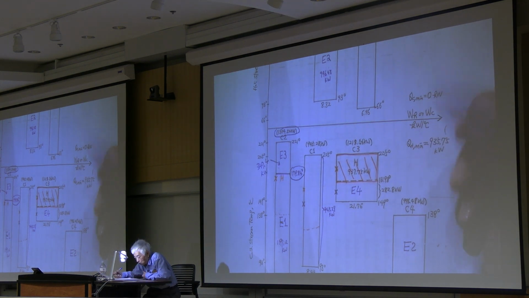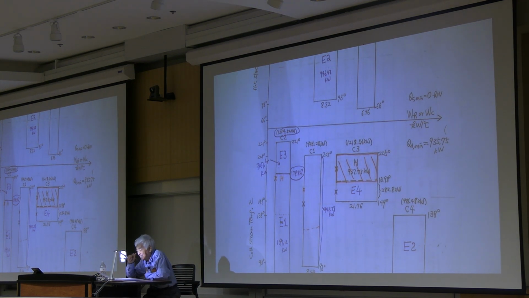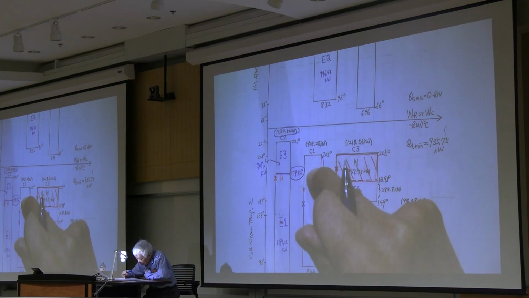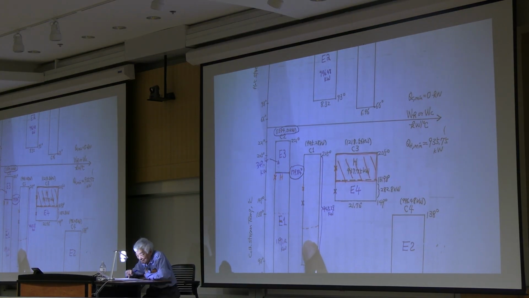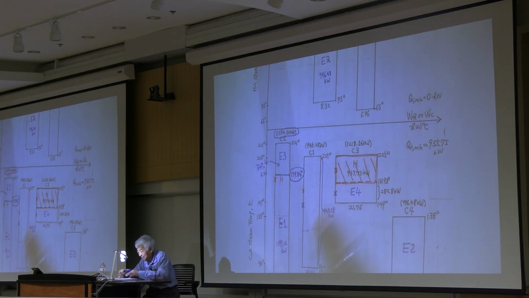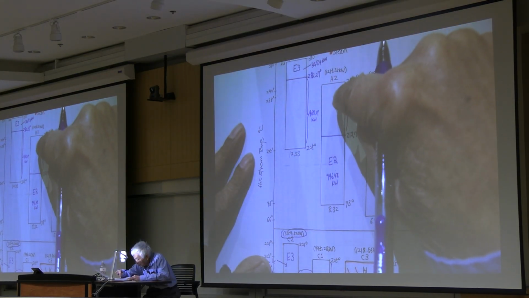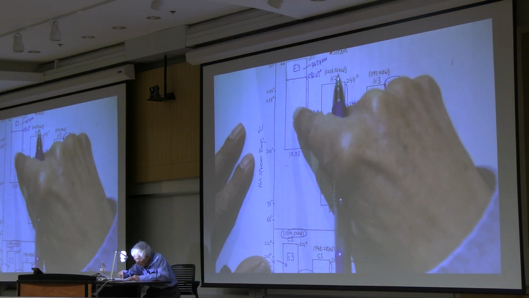Because we can have 3 more exchangers, E4, E5, E6. On the top, you have E4, E5, E6.